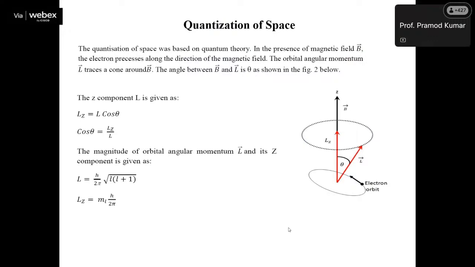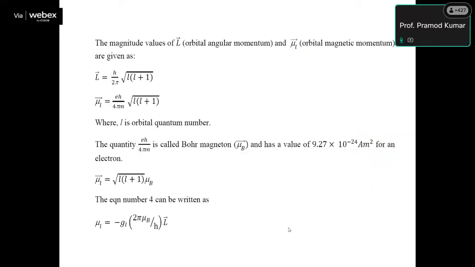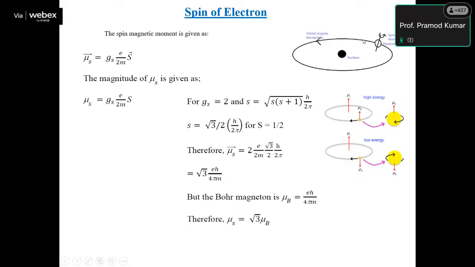So now next, because here we have two types of motion. One is orbital motion. The second one is the spin motion, rotation of the electron about its own axis. So basically, we have two vectors. One is coming due to the orbital motion of the electron, that is vector L. The second one is the spin vector, which is coming due to rotation of the electron about its own axis. So we have vector L and vector S.